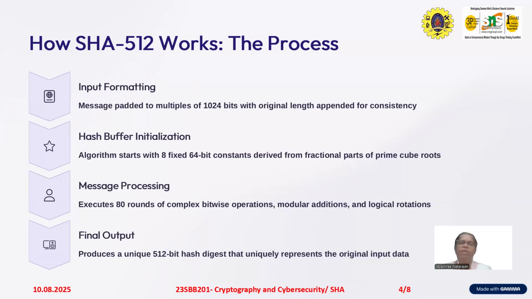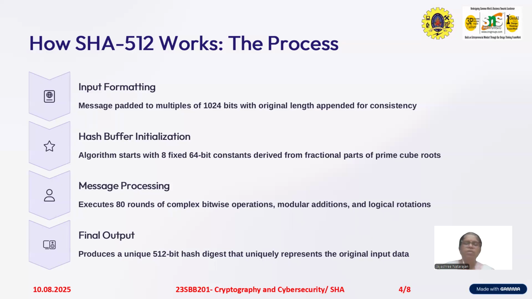In input formatting, the input message is padded so that the number of bits is a multiple of 1024. Then eight buffers are used here. Eight fixed 64-bit constants are used for temporary storage of input data and also the final storage of the message digest.